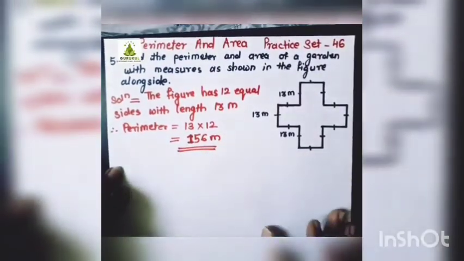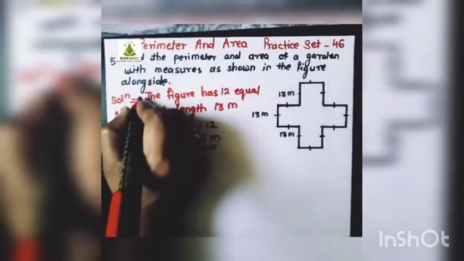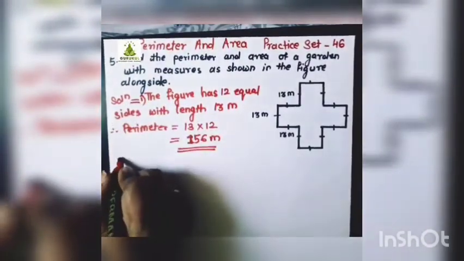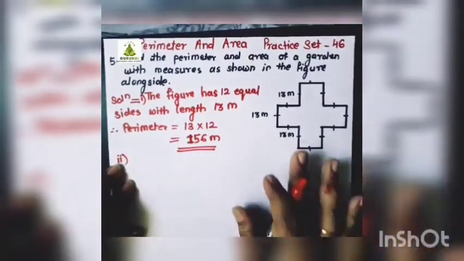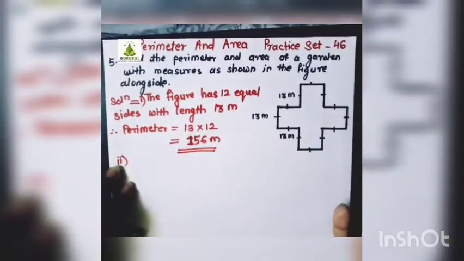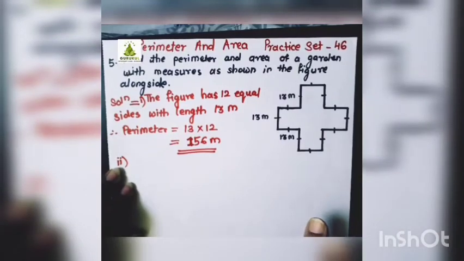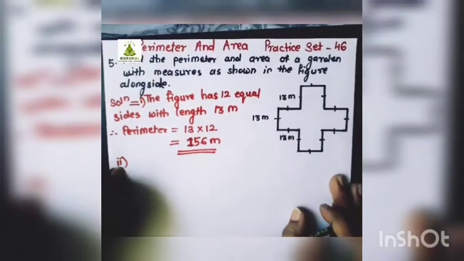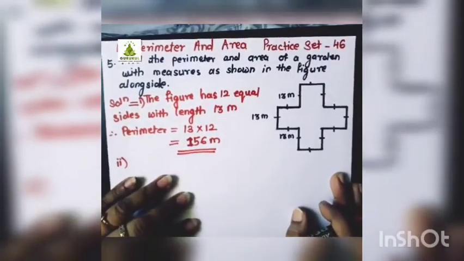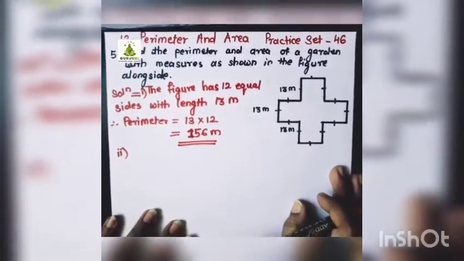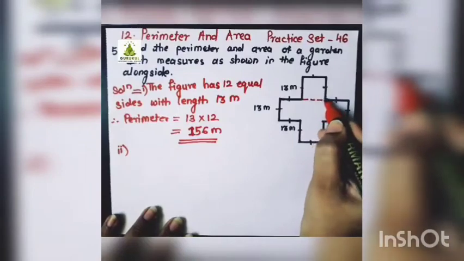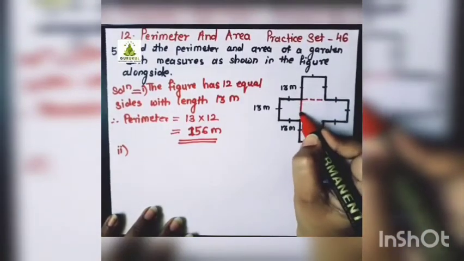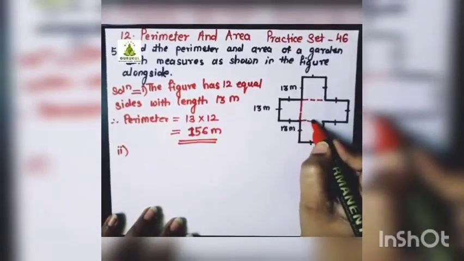First answer we got. Now the second answer we have to find is the area. How to find the area? This is not a triangle, this is not a rectangle, so no particular formula is there. For that we have to do a construction in the given figure. We have to join these opposite points with dotted lines.